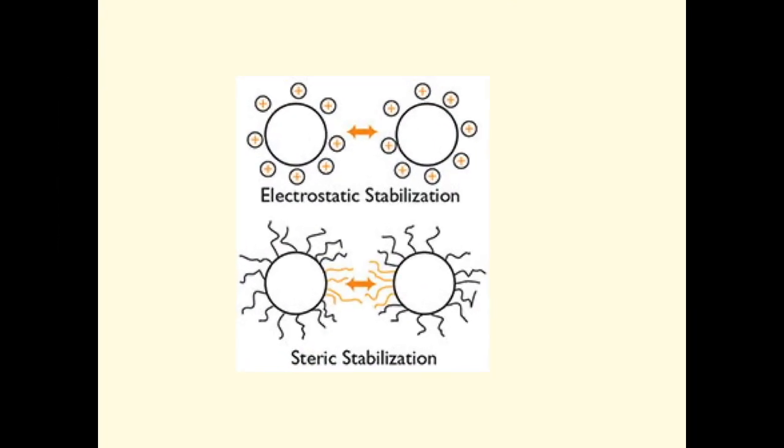So ionic emulsifiers stabilize the emulsion through electrostatic stabilization, while non-ionic emulsifiers stabilize the emulsion through steric stabilization. Let's discuss these phenomena. First, what is electrostatic stabilization? This phenomenon is involved when we use an ionic emulsifier to stabilize an oil in water emulsion.